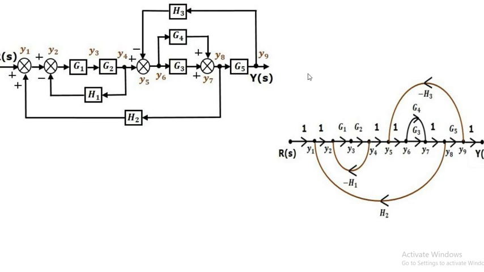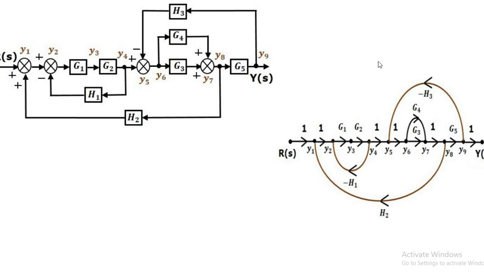That's why G5 is written over here. Lastly, this takeoff point should be connected to the output node, that is Ys. It is connected from y9 to Ys, and the gain is 1 because there is no block in between this point and the output.